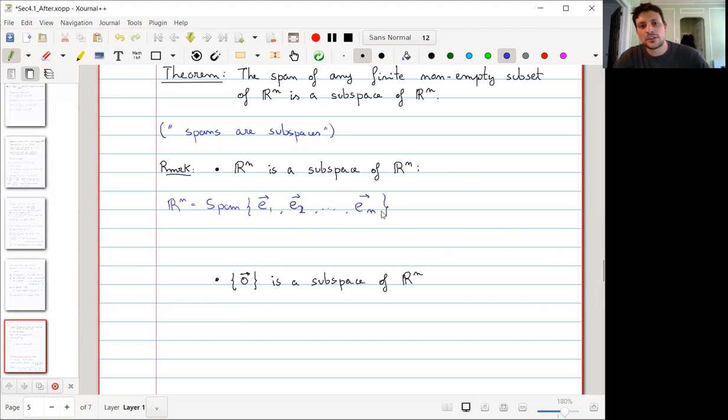So since Rn is the span of a set of vectors, Rn is a subspace of itself, by the theorem. And similarly for 0, we can write 0 as the span of the set only containing the 0 vector. So again, by the theorem, the set containing just the 0 vector is a subspace.